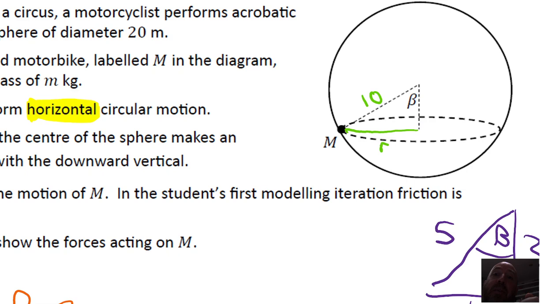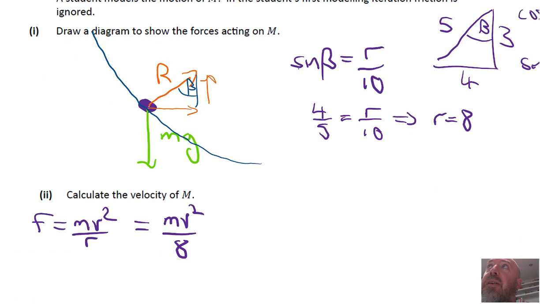Well, if we go back to our picture here, our R is a diagonal, our reaction is a diagonal. And when we decompose that into horizontal and vertical parts, we get the horizontal part is R sine beta, and the vertical part is R cos beta.